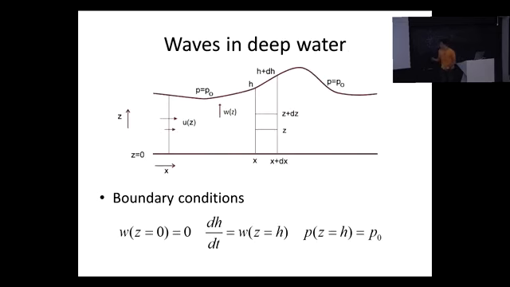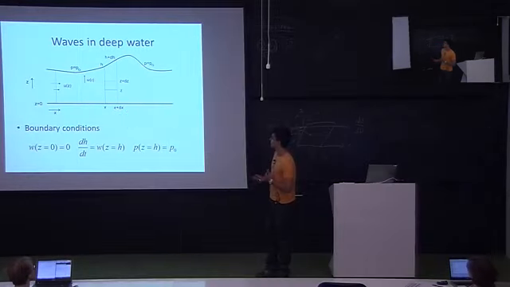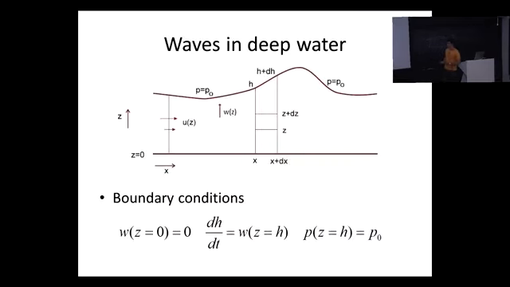Okay, so I will start. So we have this picture here. We'll have the U, the velocity along the x direction, x-axis, and then the W along the z-axis. So you have to take into account the boundary conditions.